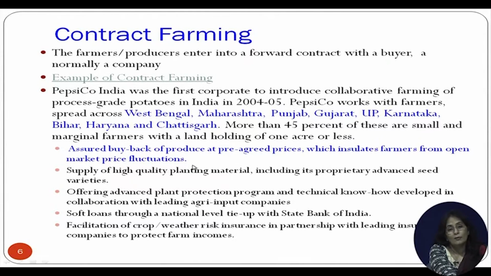So whenever a farmer or farmers cooperative enters into a contract farming agreement, they are assured of the price at which they will be selling potato, and also they are assured of the quantity of take. So not only do the farmers enter into price fixation, they also agree on how much quantity they will be delivering to PepsiCo.